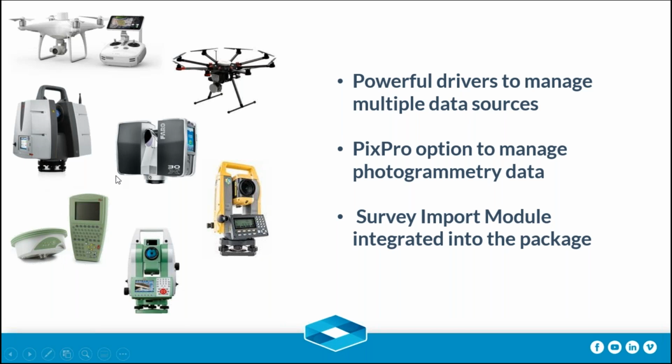Then we've got the GPS, laser scanners, and now drones, which are equipped with either a LiDAR sensor or a camera, which can be used in photogrammetry. So Studio Survey is equipped with extremely powerful drivers that will read information from any of these data sources.